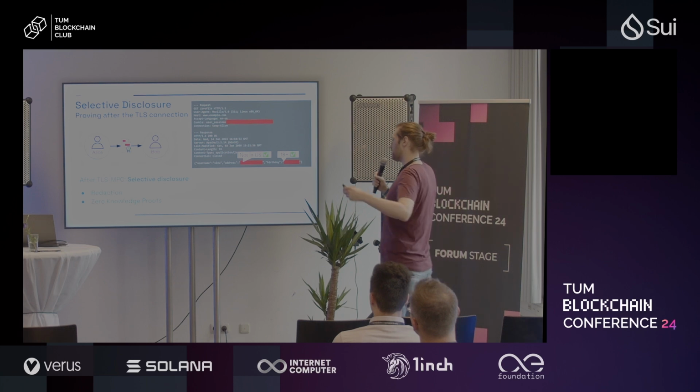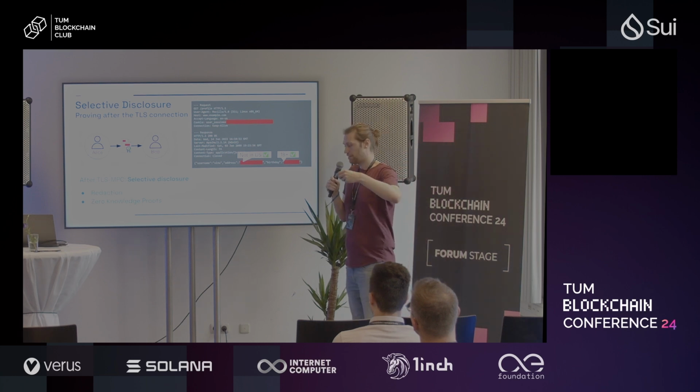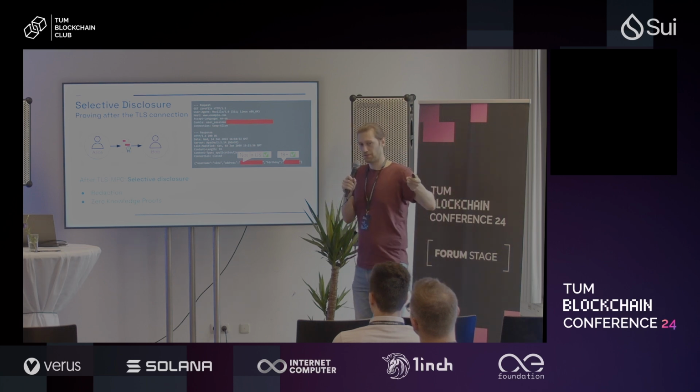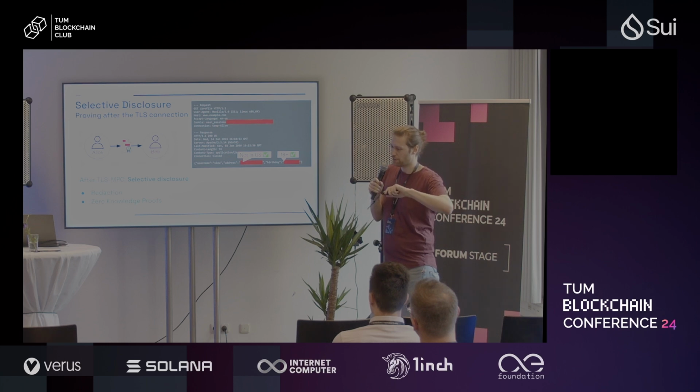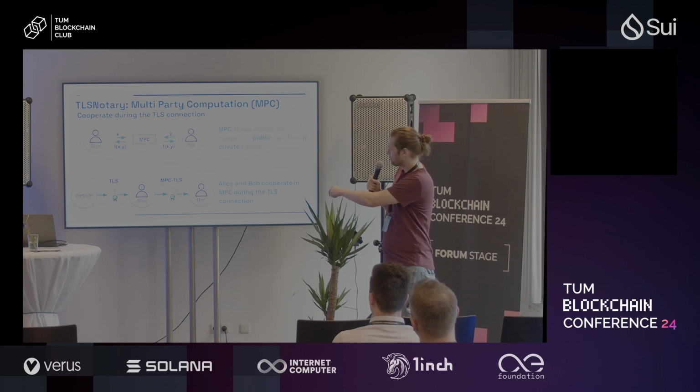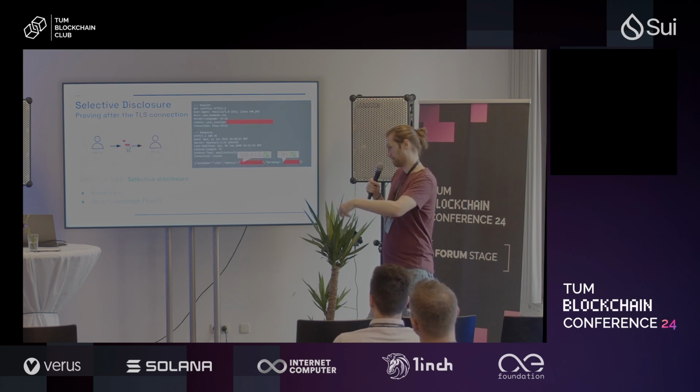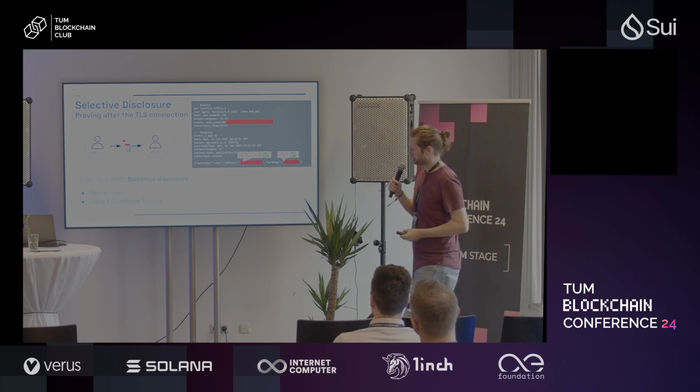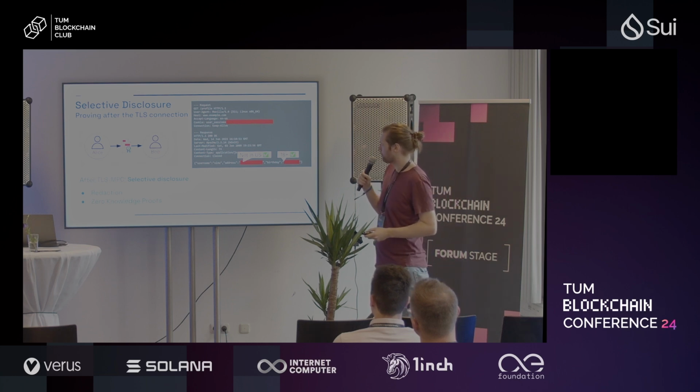Then you send your requests to the server, you get the response from the server. After that, Bob in this slide knows about the traffic, and now there's a disclosure phase where Alice can open parts of the traffic she wants Bob to know.